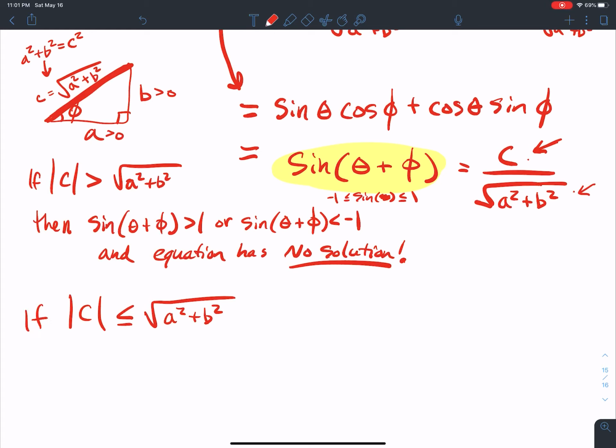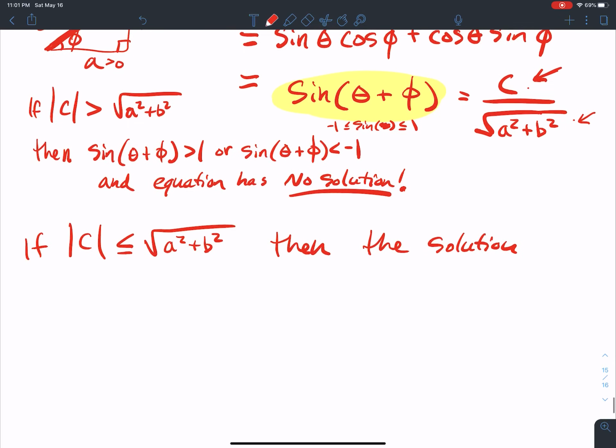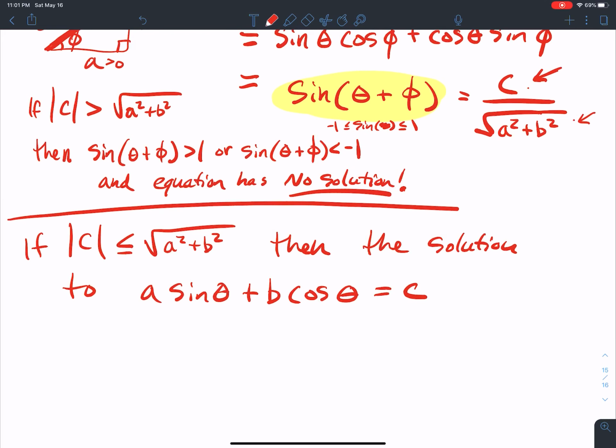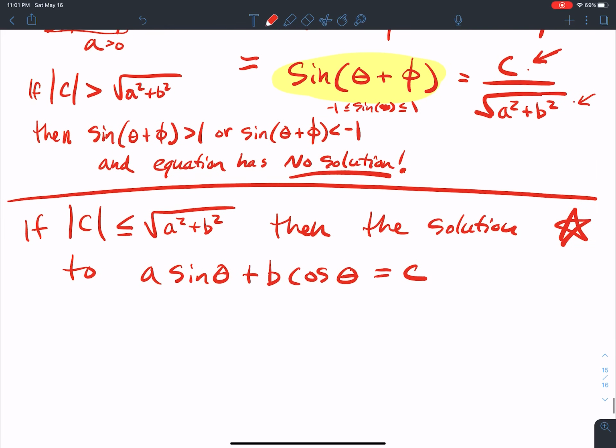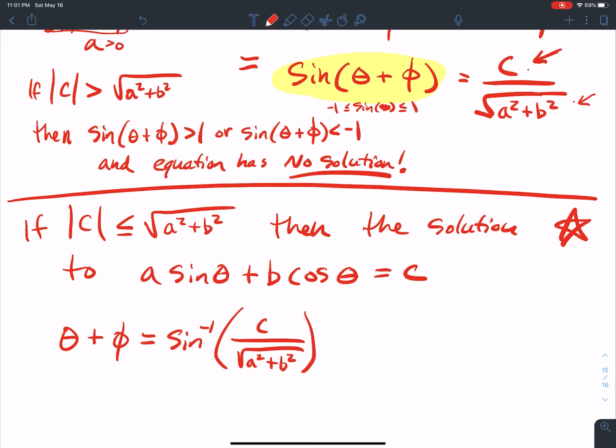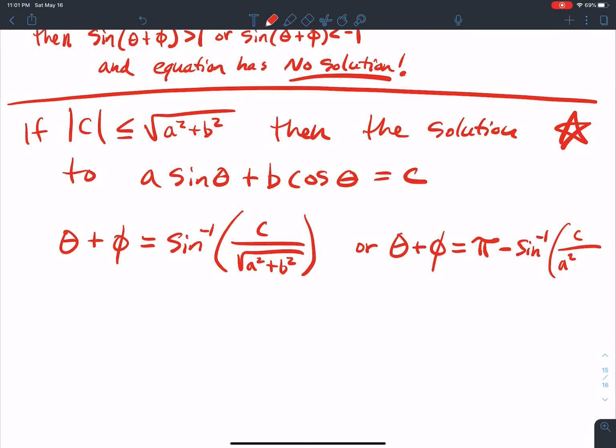And if this is the case, then the solution to a sine theta plus b cosine theta equals c, so if you're just looking for the formula, here's the formula right here, is theta plus phi equals sine inverse of c over square root a squared plus b squared, or theta plus phi equals pi minus the sine inverse of c over square root a squared plus b squared.